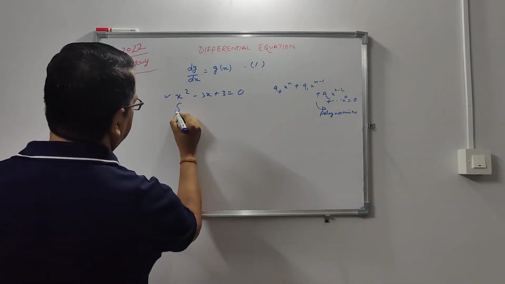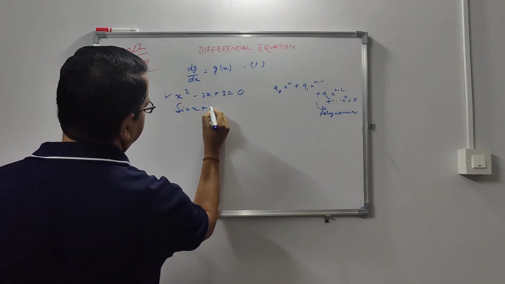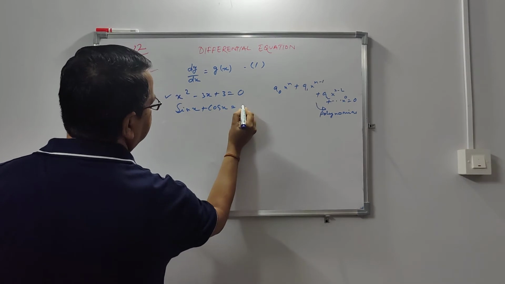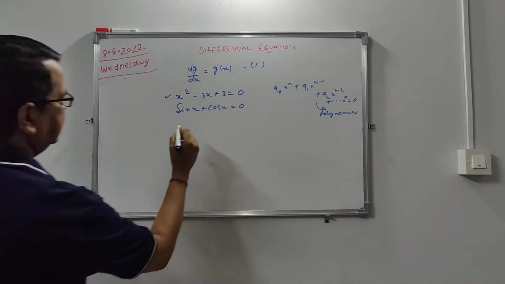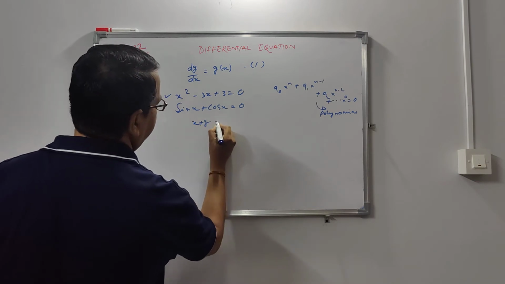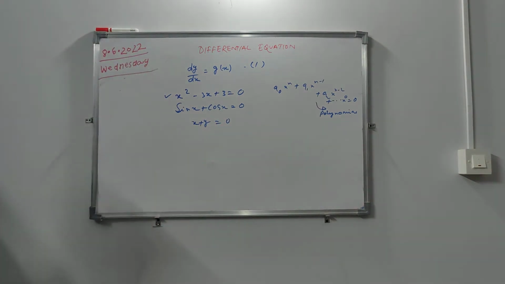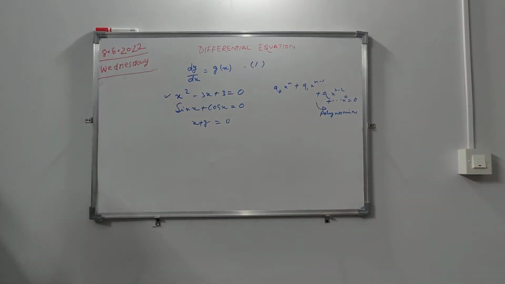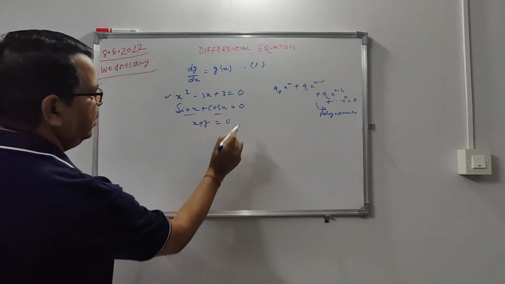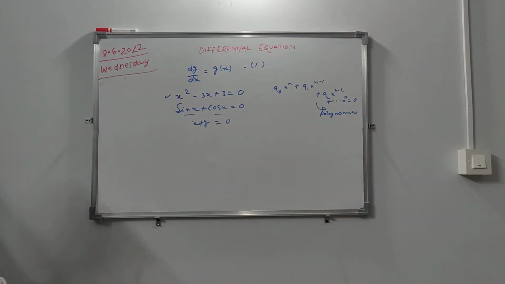Then sin x plus cos x is equal to 0. This is a trigonometric kind of equation. Then you have x plus y, which is the equation of a straight line. Here you have x and y both, but in a polynomial you only have x. And these are trigonometric functions. So you are familiar with these equations.